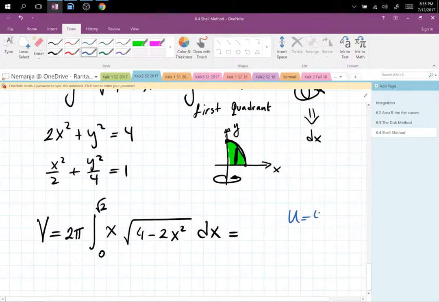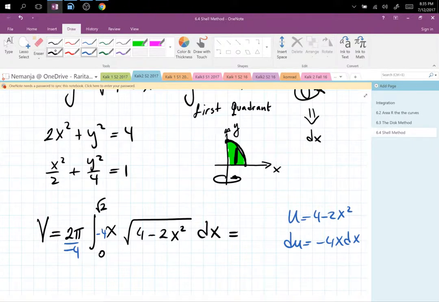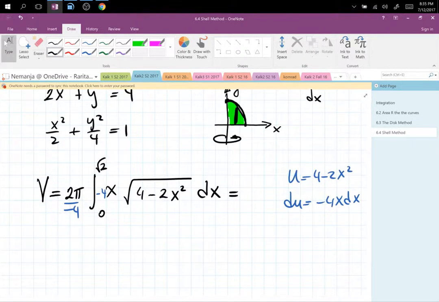U equals 4 minus 2x squared. Du equals negative 4x dx. I need negative 4, right? I like to fix it, but do it any way you want.